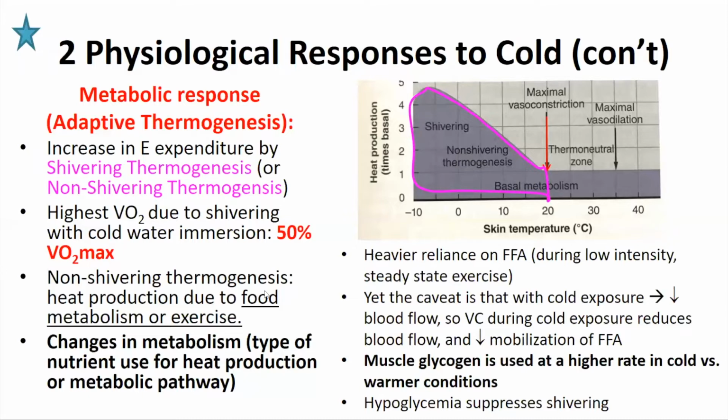So the non-shivering thermogenesis can also be related to the food metabolism or exercise. So if you recall, our resting metabolic rate is due to our physical activity, the thermogenesis of food, or the heat that's produced as we digest food.